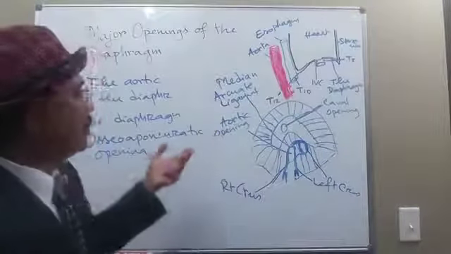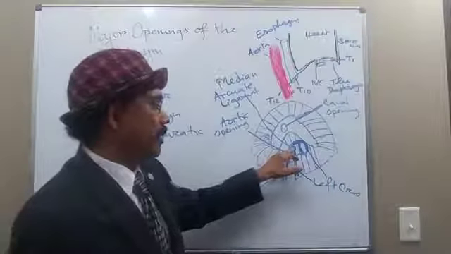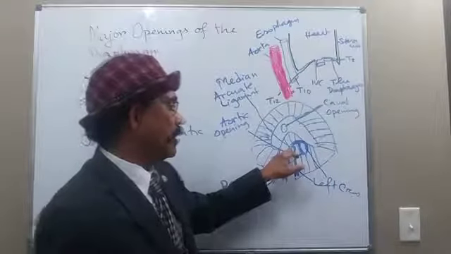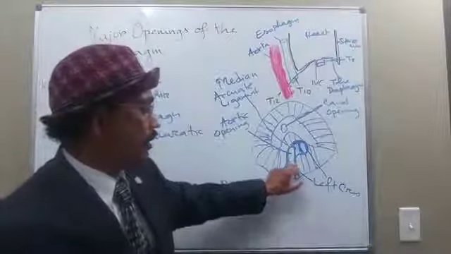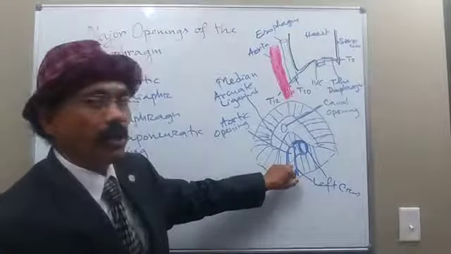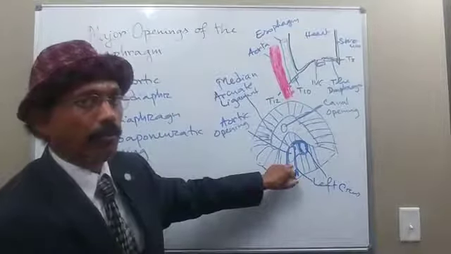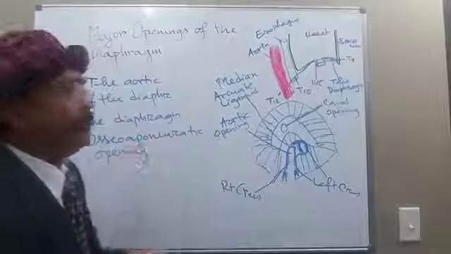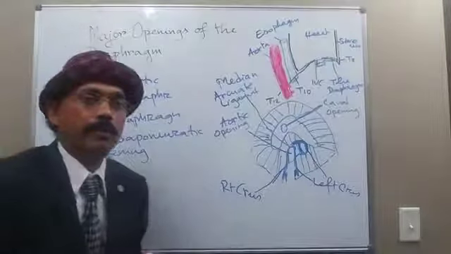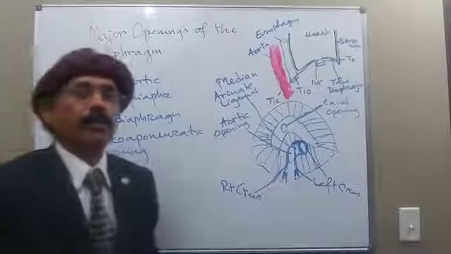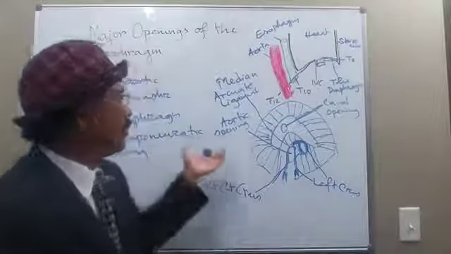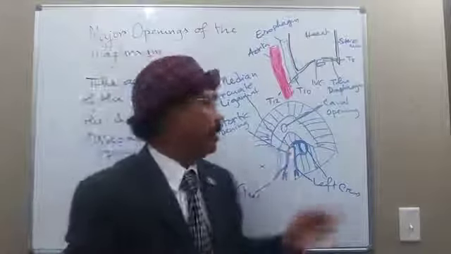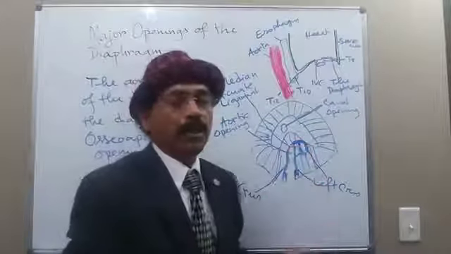Because it is behind the median arcuate ligament, in front of the 12th thoracic vertebra, the lower border of the 12th thoracic vertebra. It is behind the diaphragm and surrounded by the median arcuate ligament.